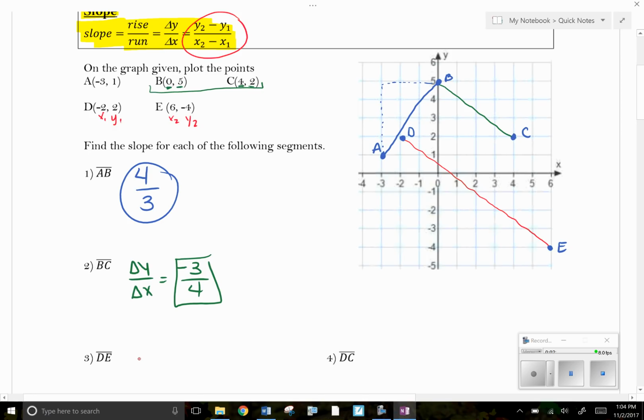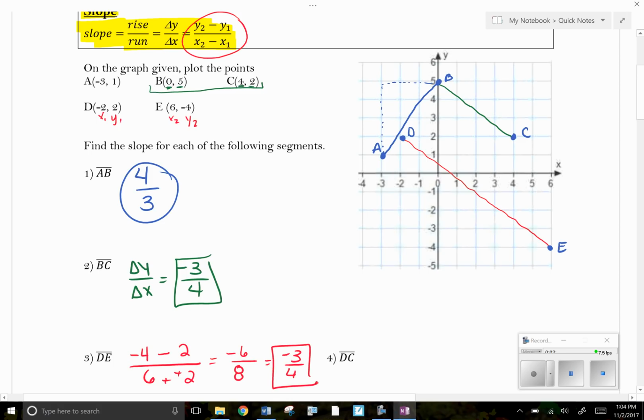I'm going to do y2 minus y1 over x2 minus x1. So negative 4 minus 2 is negative 6. And 6 minus negative 2 is like 6 plus 2, which is 8. And negative 6/8 is just begging to be reduced to negative 3/4.